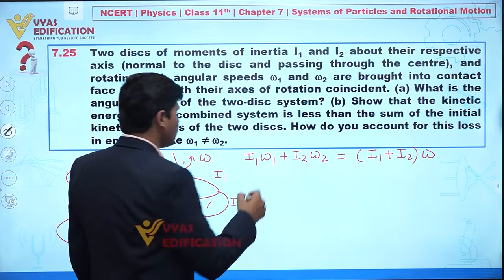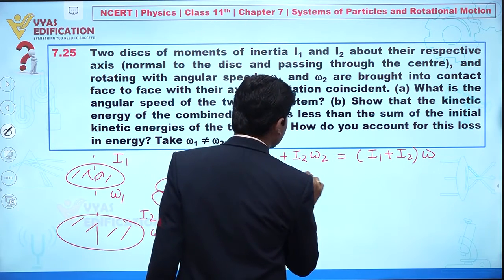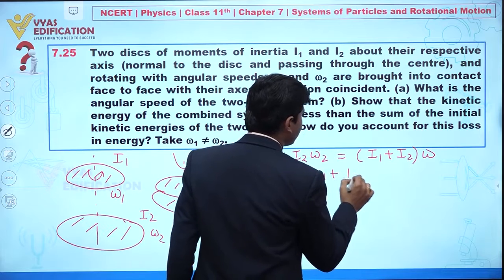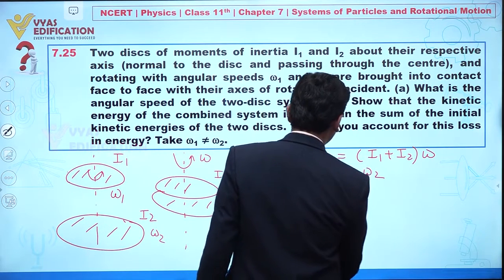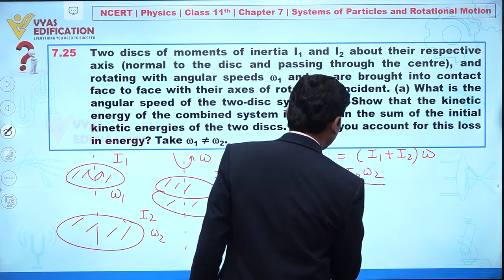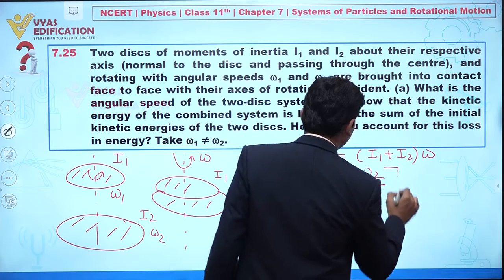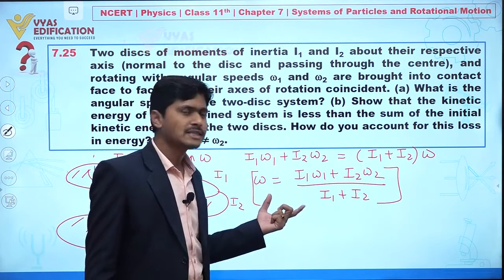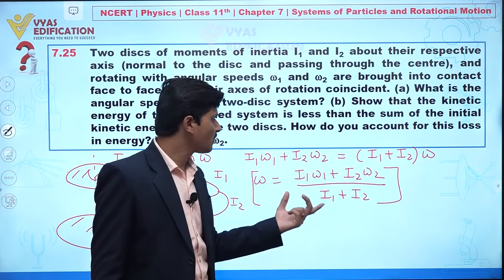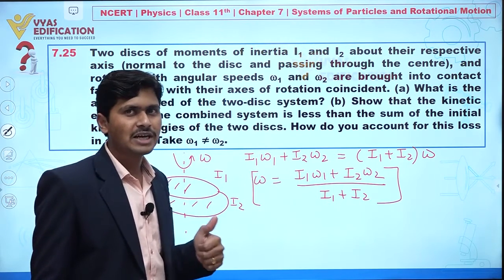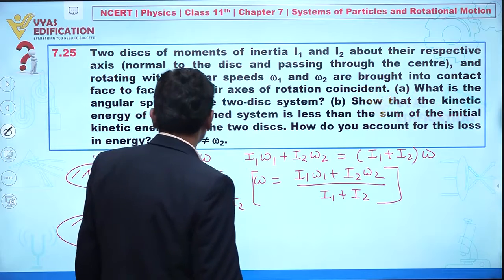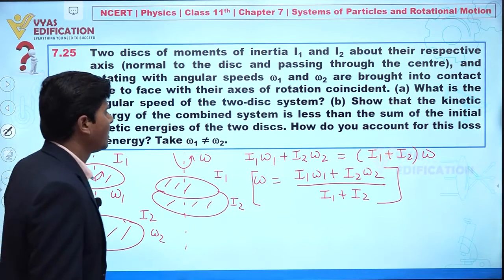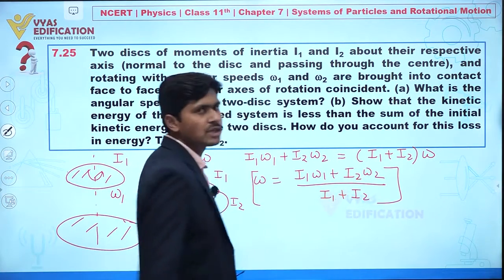So omega is given by I1 omega 1 plus I2 omega 2 divided by I1 plus I2.